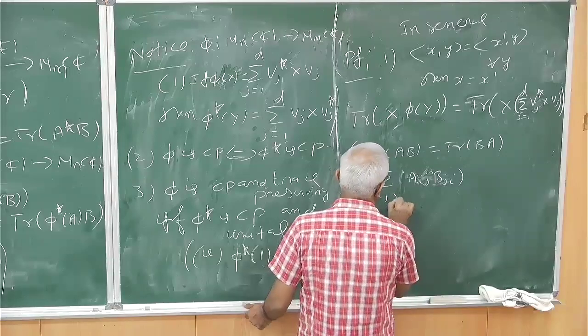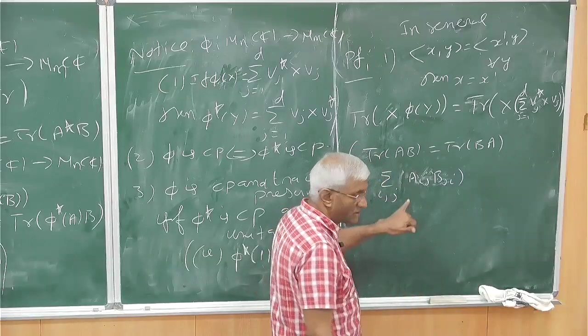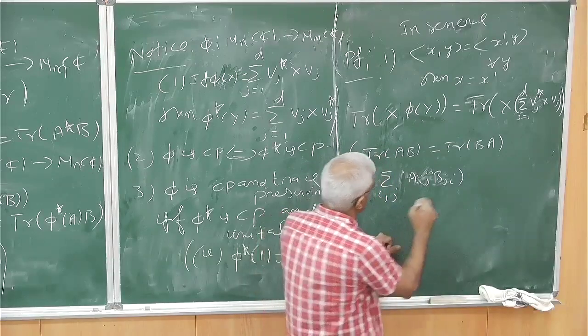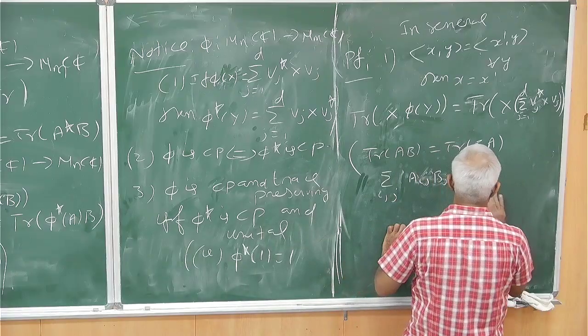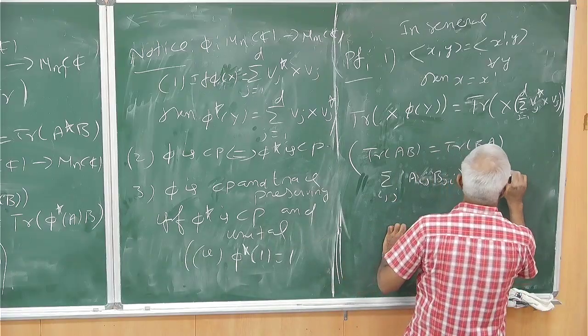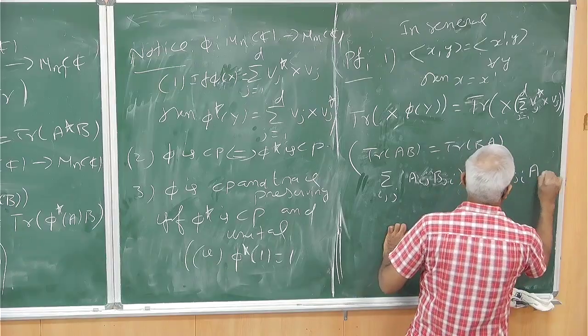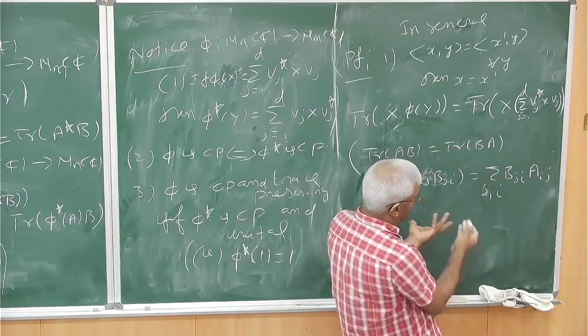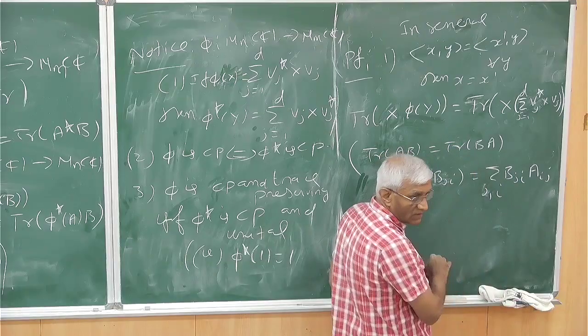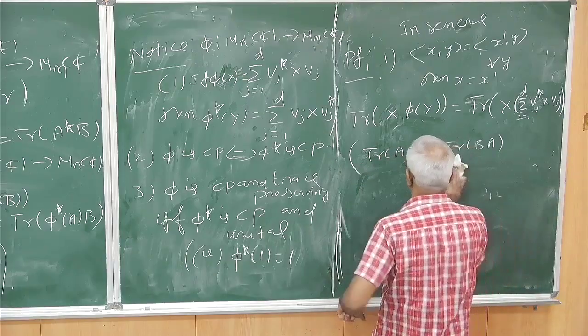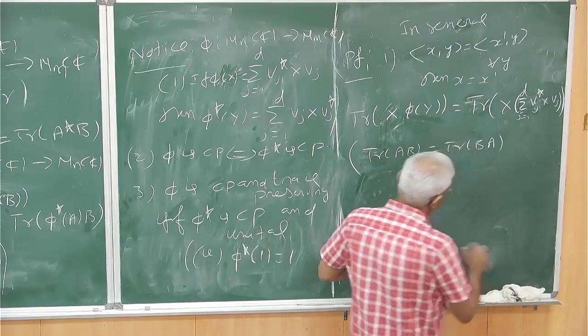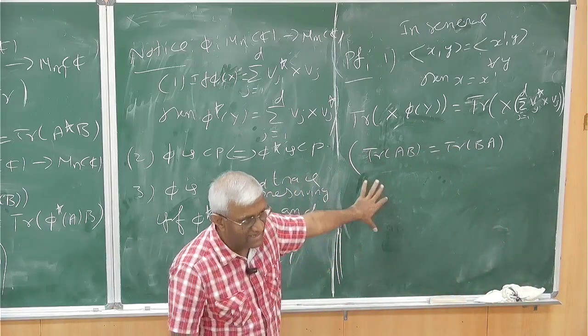You can interchange i and j, so this is exactly equal to the summation of B of ji, A of ij, which is just the same thing. You can directly verify that. Of course, you can interchange because it's a finite sum.